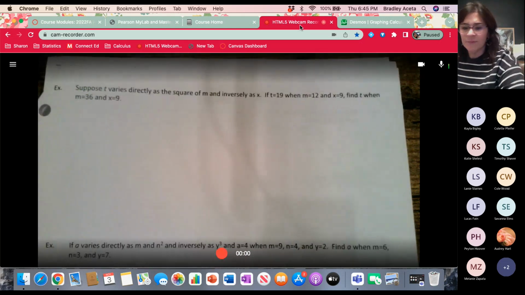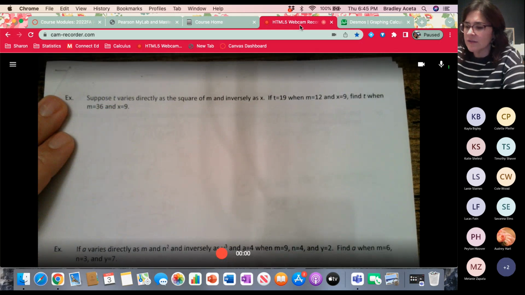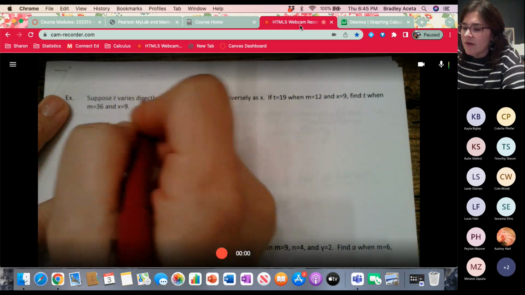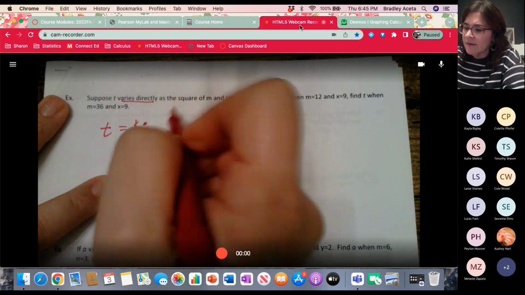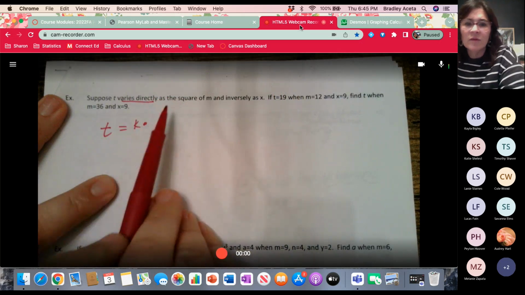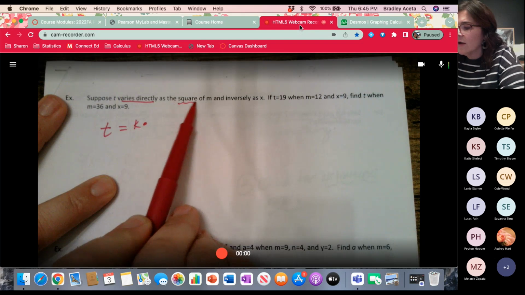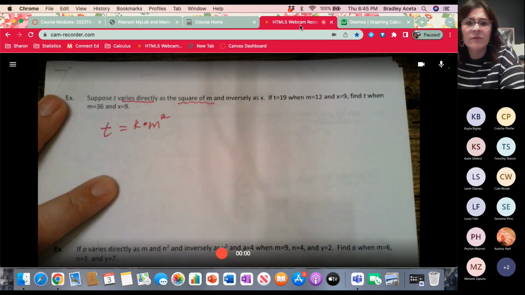So let's go back here. Suppose t, so we're not using y or x's, we're using t. So suppose t varies directly. That means multiply a k by what? Well, it tells us multiply a k by the square of m squared.